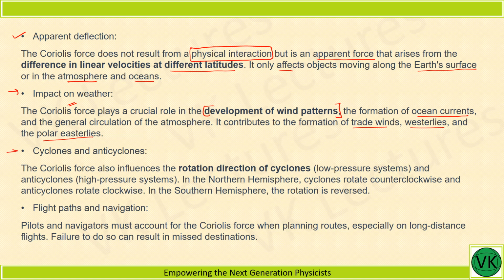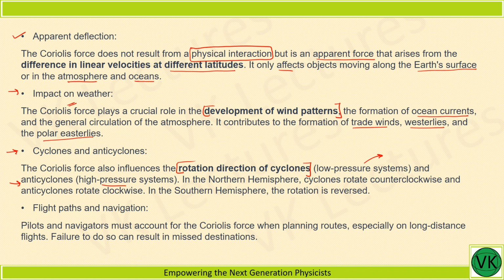Now cyclones and anticyclones. The Coriolis force also influences the rotation direction of the cyclones. Cyclones are caused by low pressure systems, and anticyclones are caused by high pressure systems.